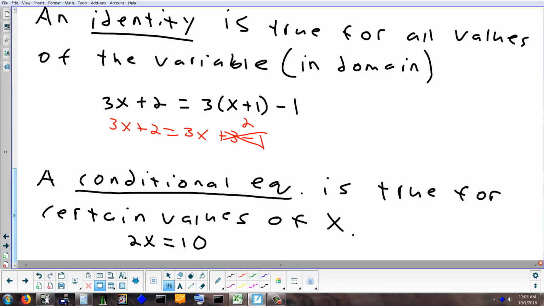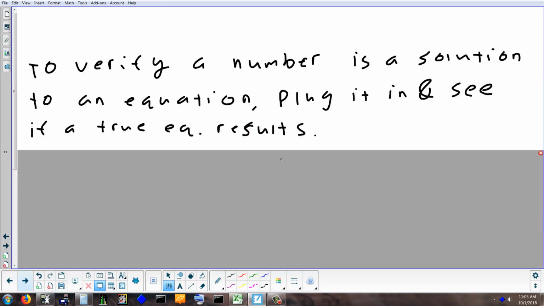Identity, conditional equation. There's also the opposite of an identity, which is called a contradiction. It's an equation that's impossible to make true. No matter what you pick, you can never find a number that works. If you know these two, that's good enough.